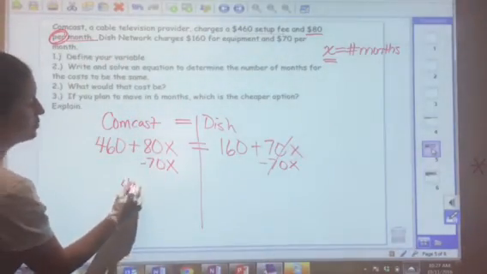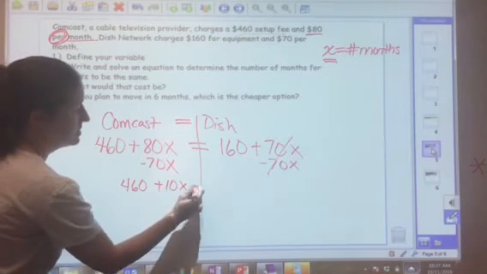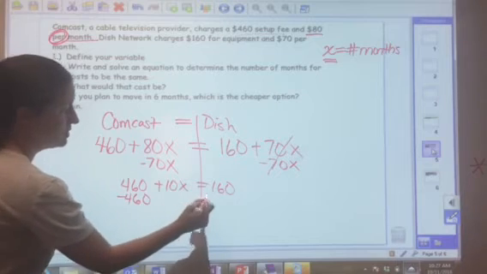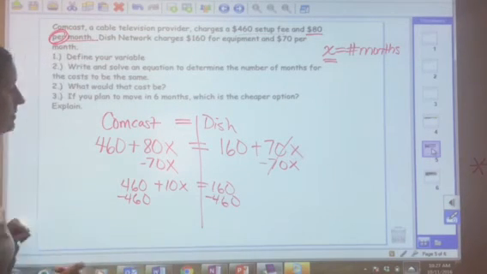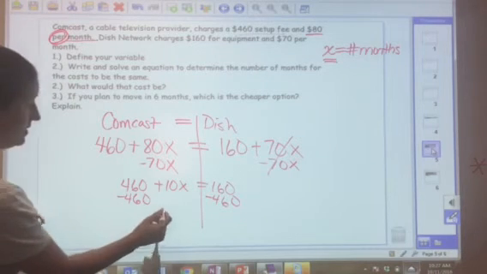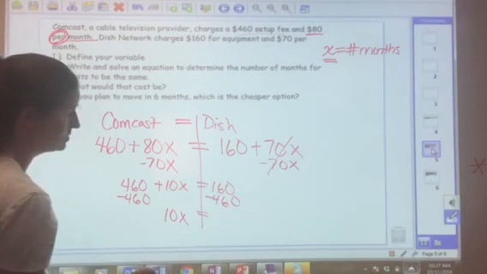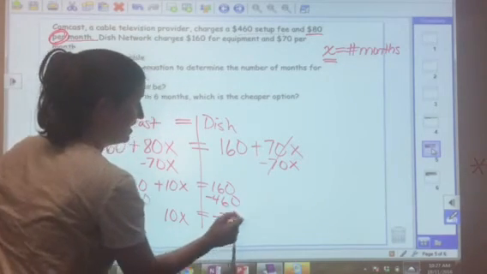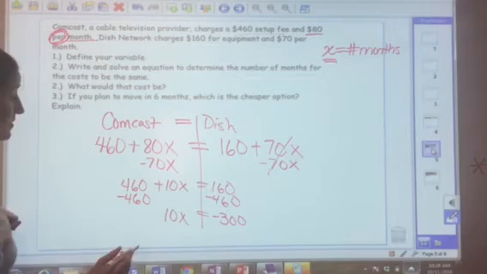And that leaves me with 460 plus 10x equals 160. Now I can move my constant to the other side. And that leaves me with 10x equals negative 300.